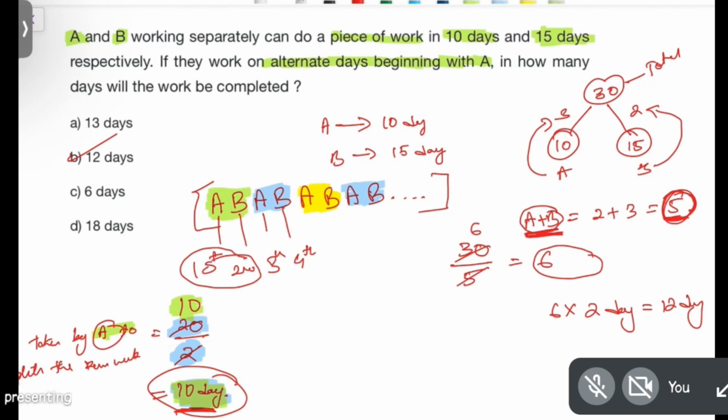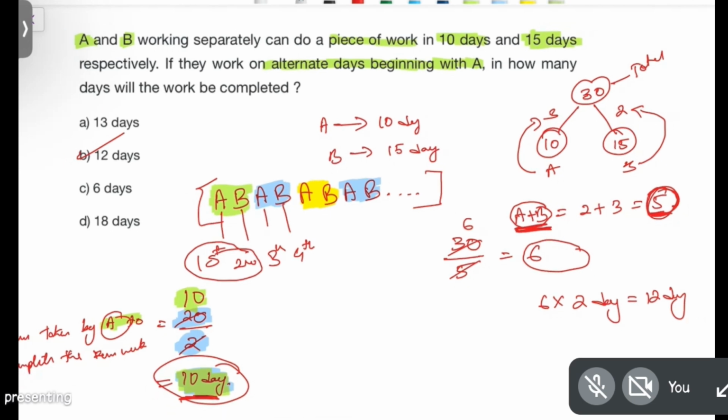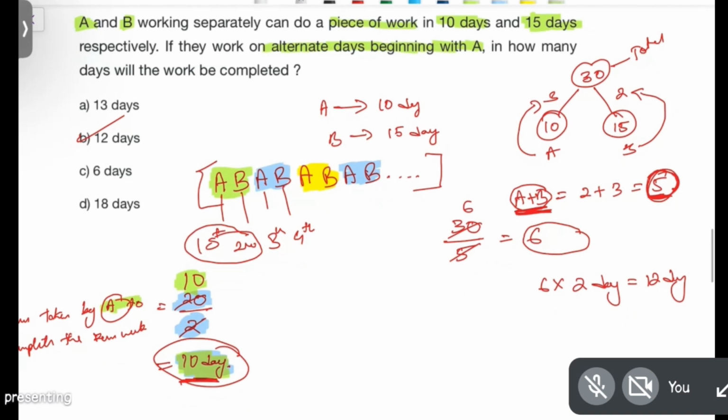But what if the question was like this? Let's say, this is illogical, but I'll try to bring it up. Let's say there was a total of 33 works to be done. Okay, try to understand this.